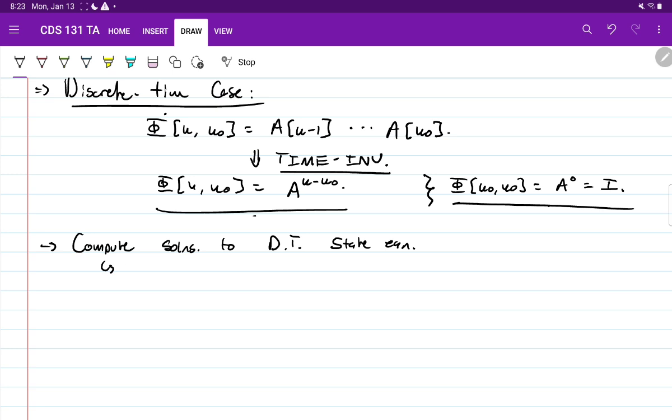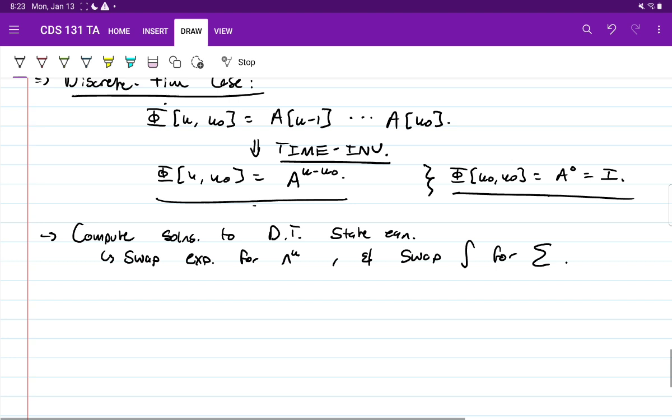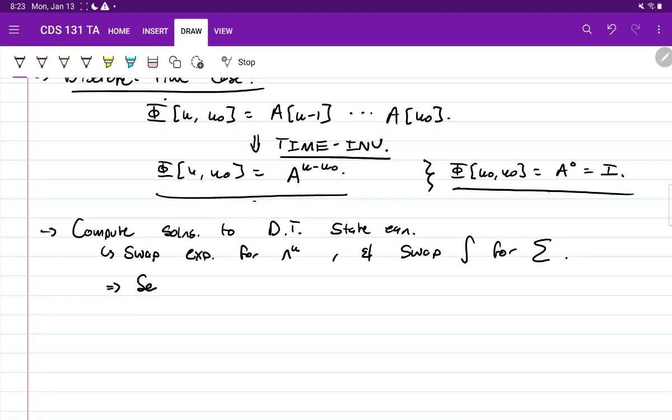If we want to translate from continuous to discrete time, we swap the exponential for raising to the power k, and we swap the integral for a sum. If we do these two things, we arrive at something that pretty much resembles the formula for the discrete time case. If you're interested in the particular formula, you can see the notes.